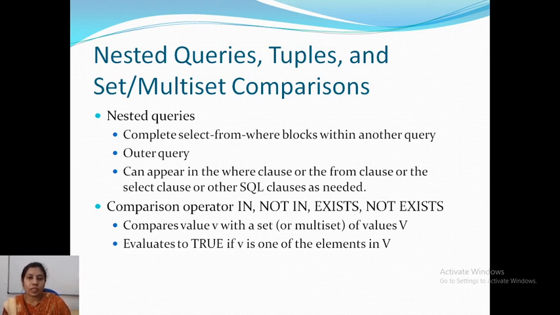But if we don't know the value, we need to fetch it from the table and then compare, and then we can go for the nested query. For the comparison we use the IN, NOT IN, EXISTS and NOT EXISTS operators.